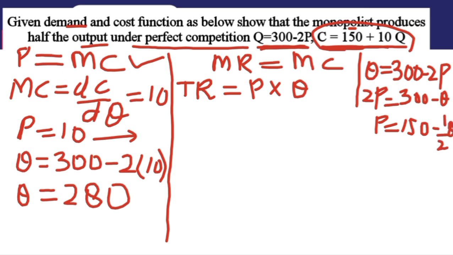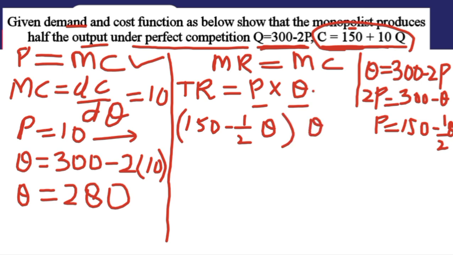That means total revenue is equal to price into output. So in place of p, we have this demand function 150 minus 1 upon 2 q, and to this we multiply q. So total revenue will become 150q minus 1 upon 2 q square.